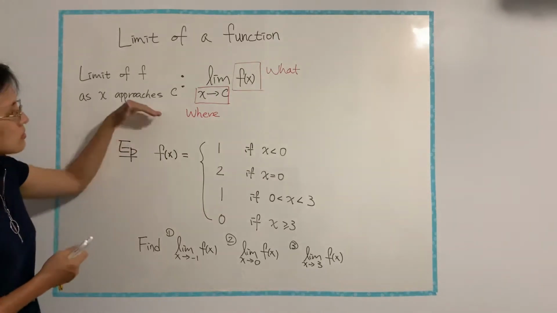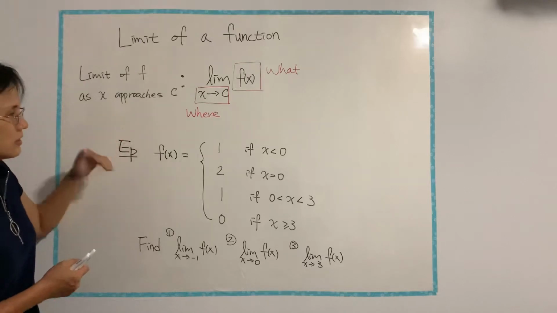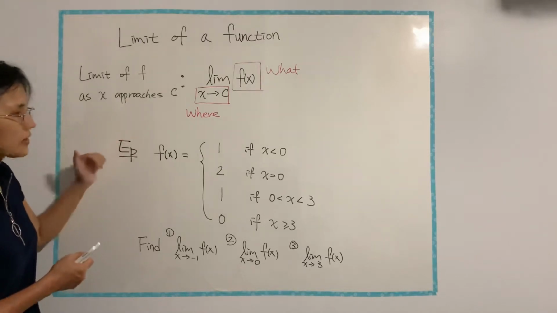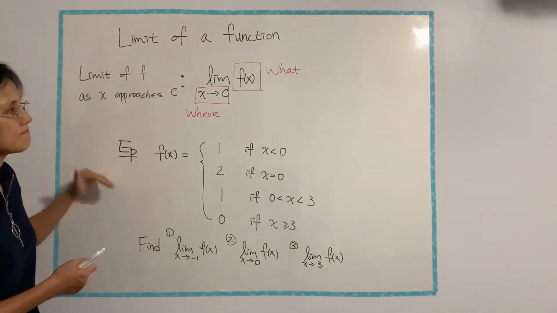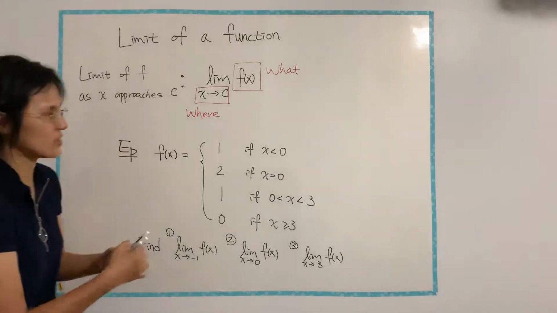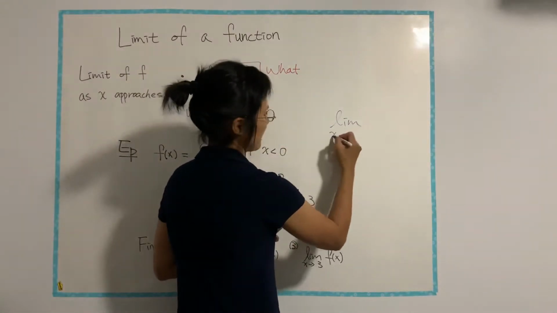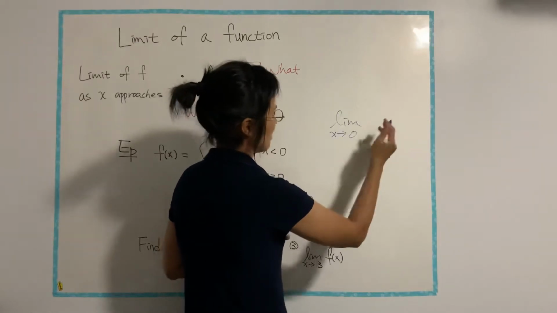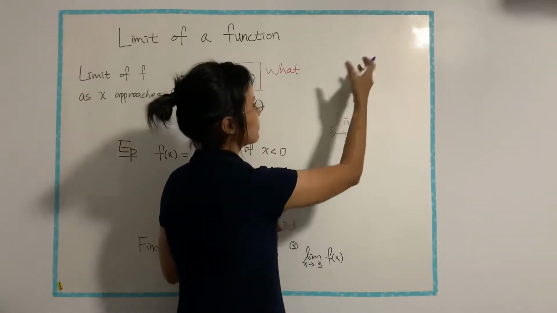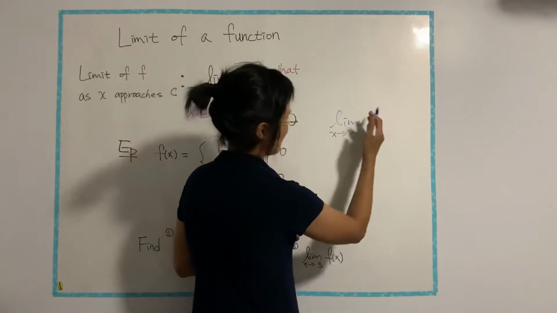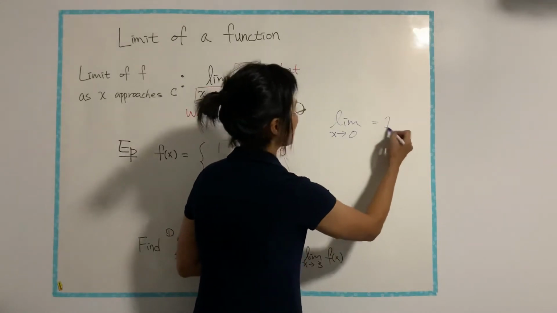When you start solving more and more complicated problems, you might get lazy and write limit as x approaches 0, because you know which f you're talking about, and then just say the limit equals 1.